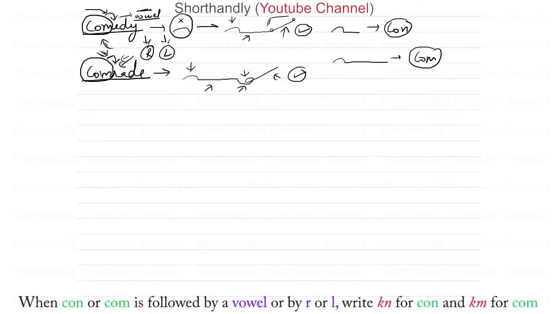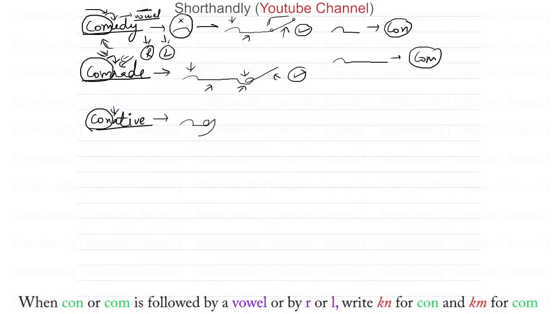Now suppose we have another word like connotative. This word will be made like this. First we have con, which is a prefix, and we have now a vowel.